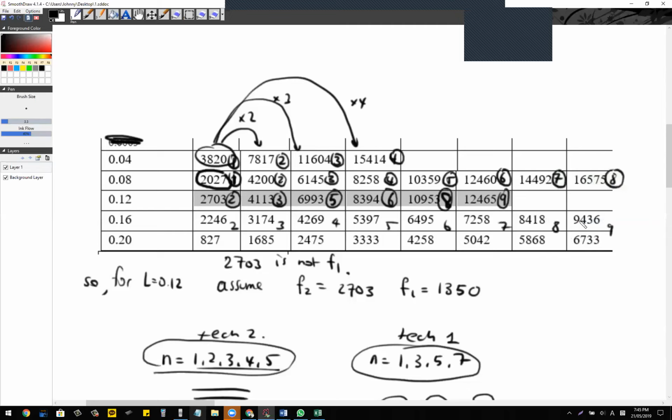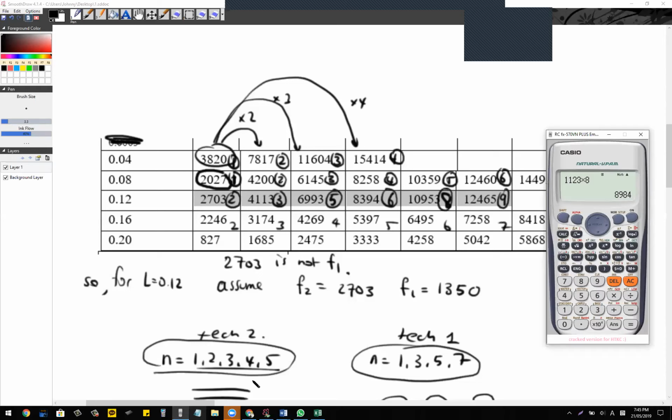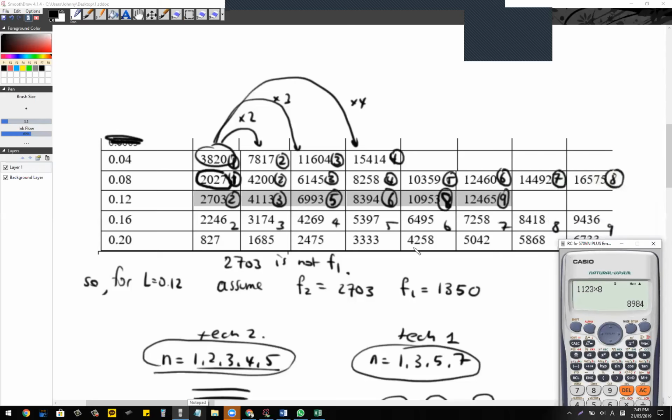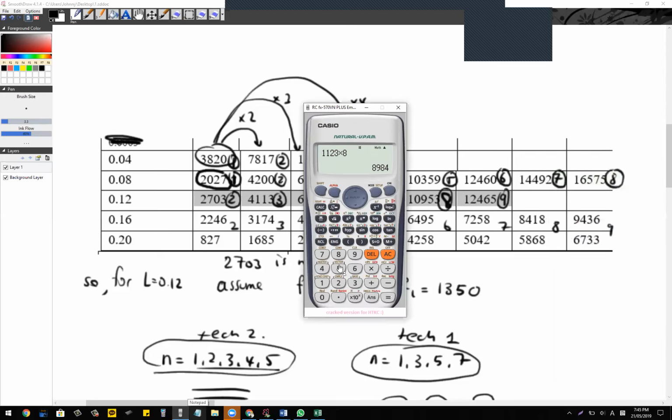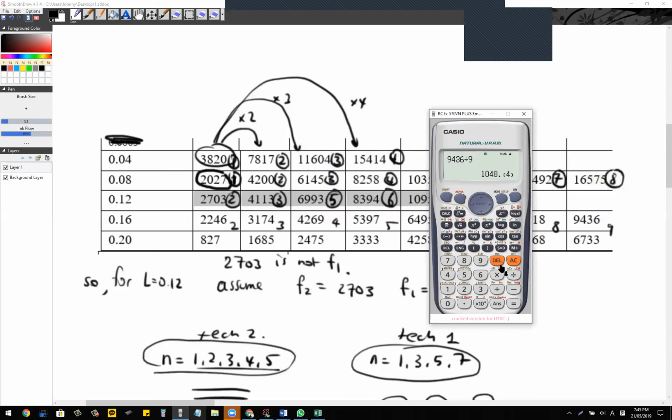If I divide this one by 9, rather than dividing this one by 2, that gives you a bit more average value for the first harmonic. So if I do that, 1050 times by 2, then I get this.